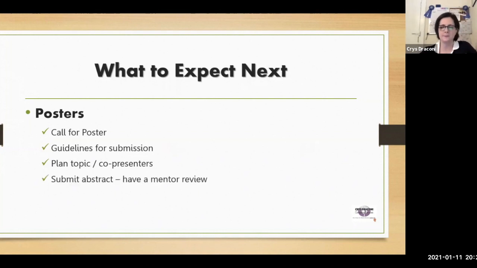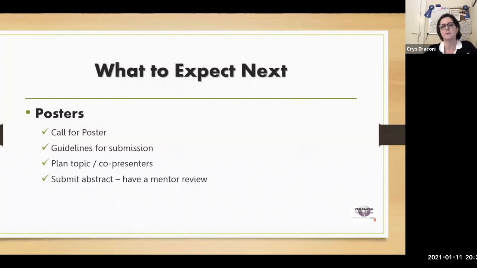Then you submit your abstract. Again, have a mentor review it. You've seen me say several times, have a mentor review these things. I always tell people, when they ask how to develop good mentorship programs, my biggest suggestion is you should have your career mentor. This is a whole other topic, but you should have more than one mentor, so you have mentors for different things that you do.